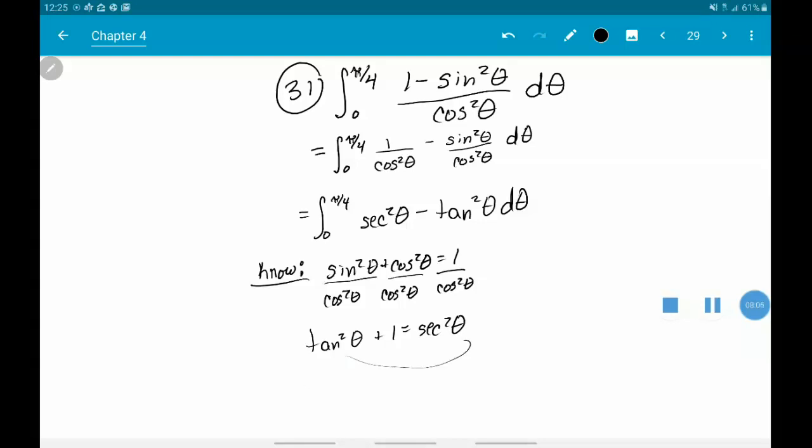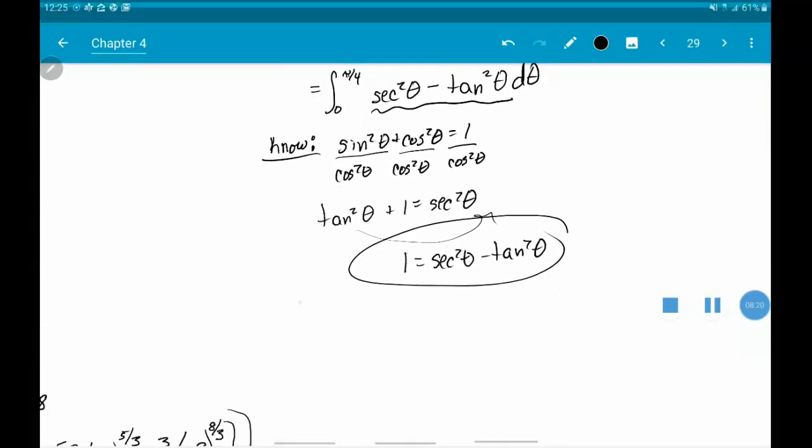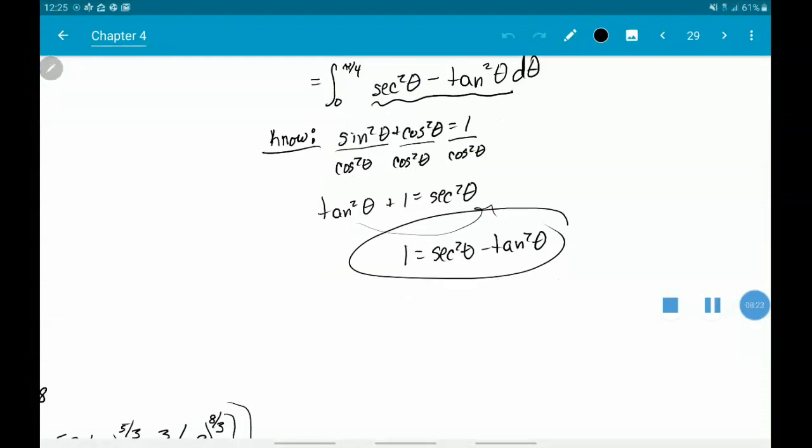What if we were to move that tangent to the other side? Then 1 is equal to secant squared of theta minus tangent squared of theta. Okay, which is the exact same thing we have. So this guy is actually equivalent to 1. So we can rewrite this, and using that Pythagorean identity, write it as 1 d theta, which is going to make this a lot easier for us to integrate.